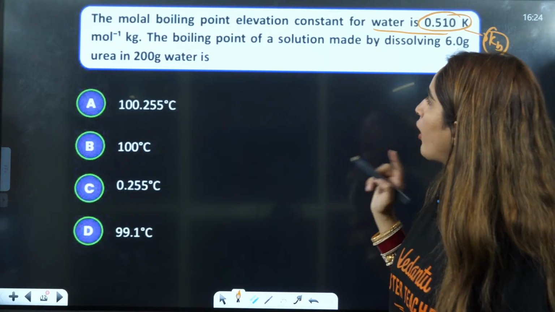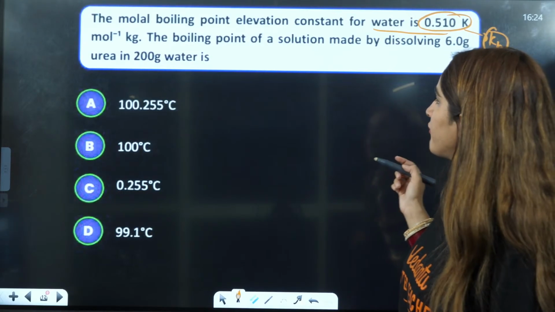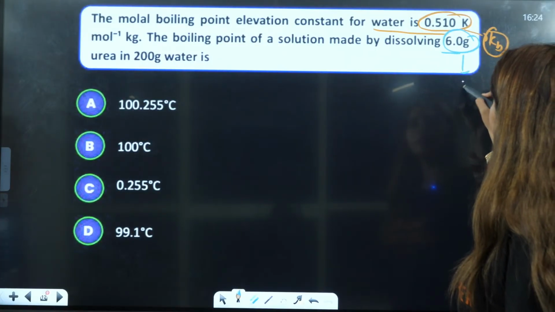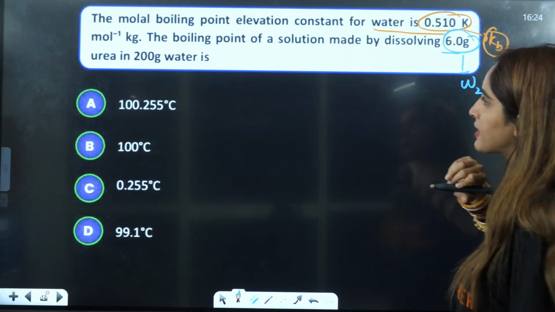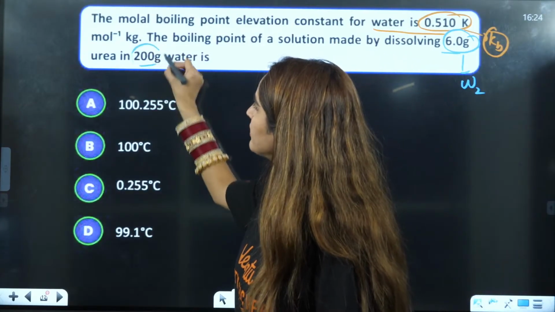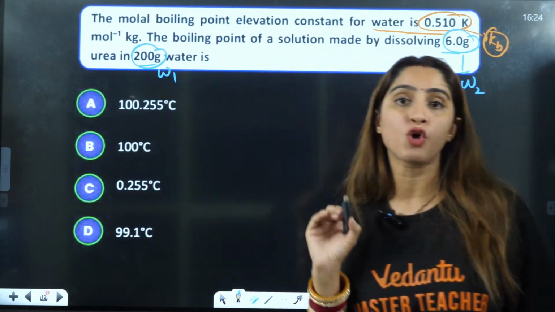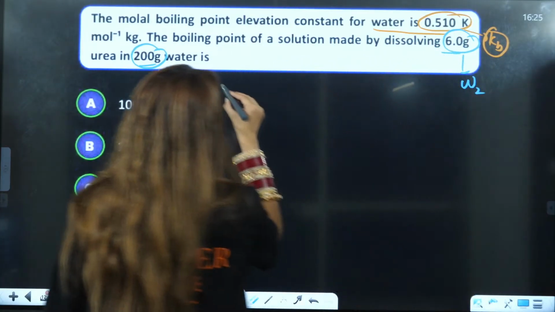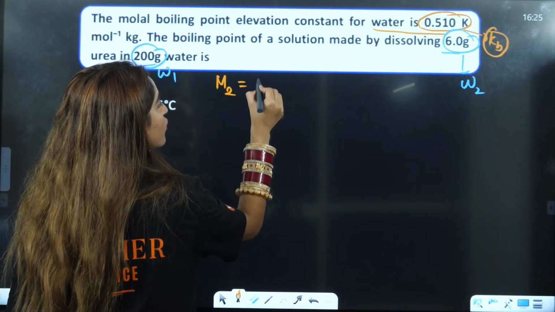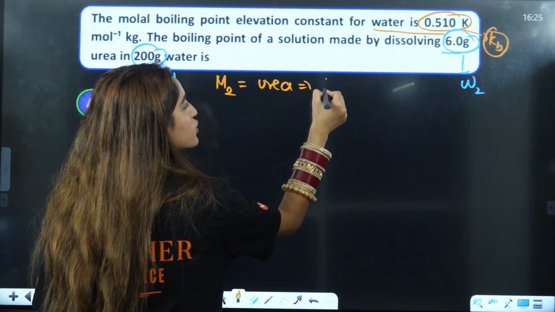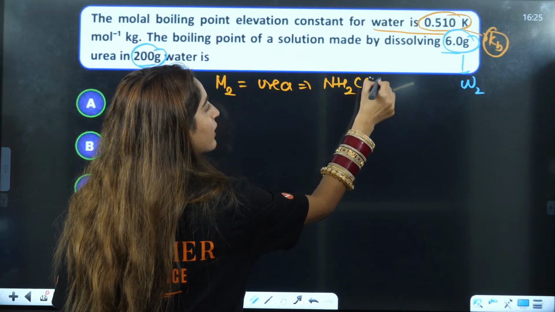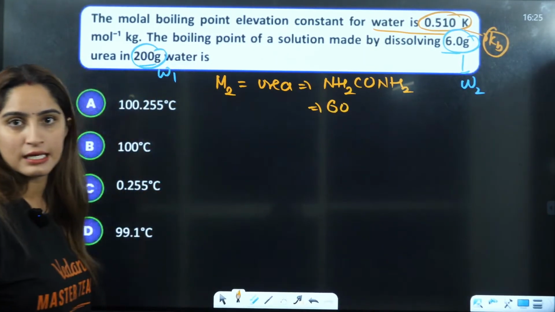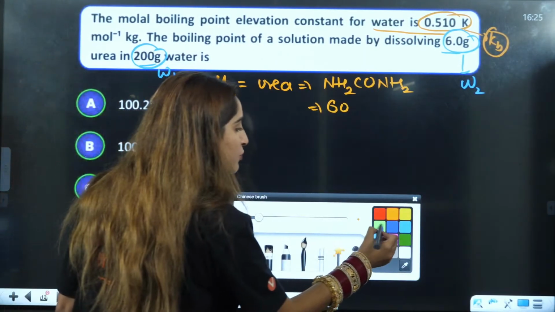The boiling point of the solution is made by dissolving this many grams of urea, so W2, the weight of solute, is given to you, and W1, the weight of solvent, is also given. Now, we know the molar mass of the solute, urea. What is urea? It is NH2CONH2. When you calculate the molar mass, it will come out to be 60, right? Now, you just have to put the values here.